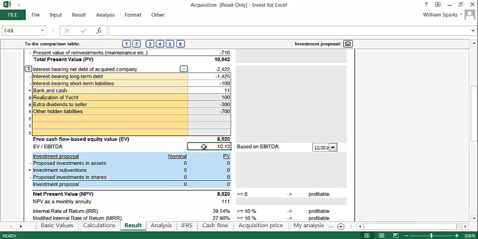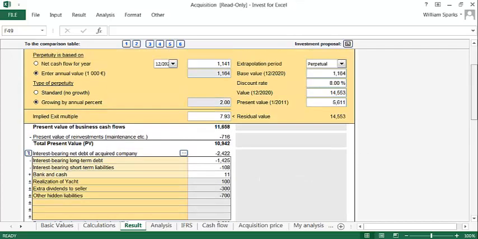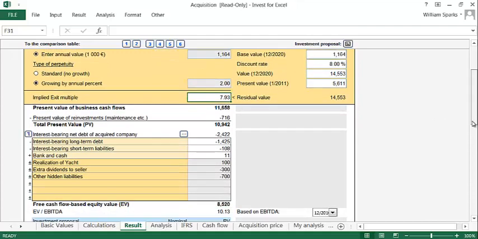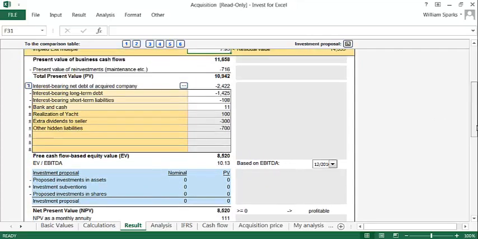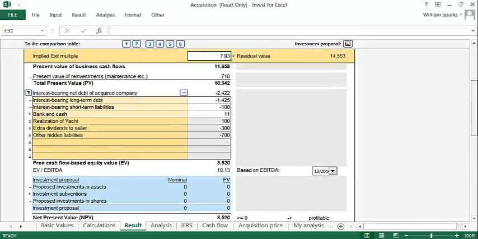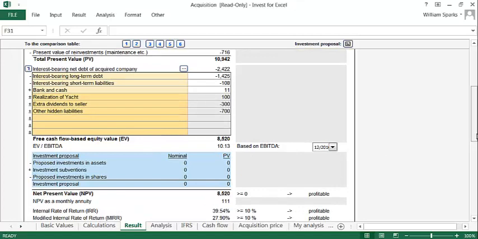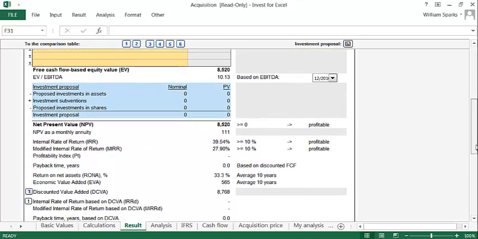We expect that it pays back in 10 years, which was a little bit higher price than we valued the residual after 10 years, which was 8 times. They're the same thing, but the other one was for the terminal value and this one is for now.